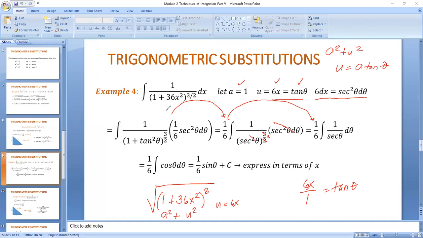Now, this one is comparable to this, so your a squared is 1, and your u squared is the 36x squared. So from here, you get to see that your u is 6x, because your u squared is 36x squared. So you get the square root of this, that would be your u. Your a is 1, so it's understood to be 1 in here, then tangent theta. This is the substitution equation you use whenever you have this expression in your integral.